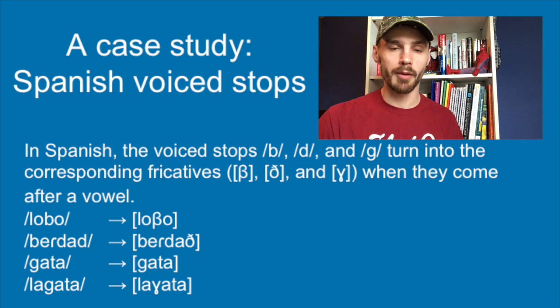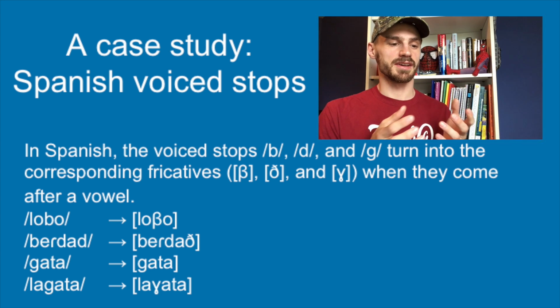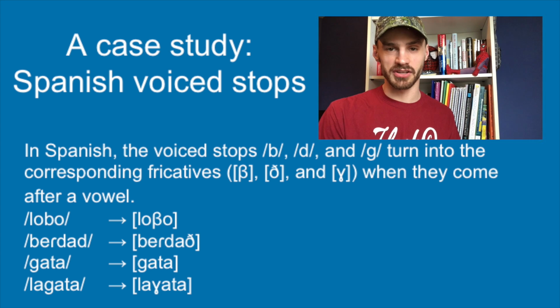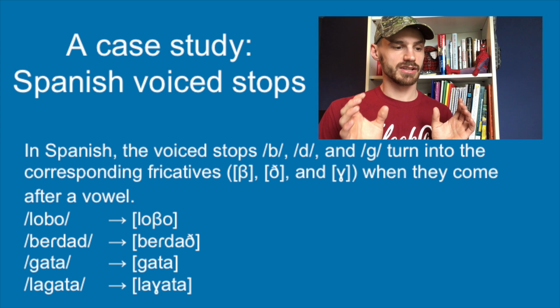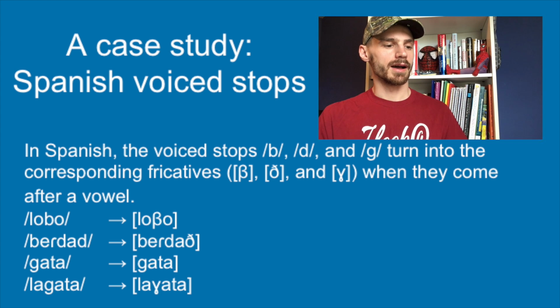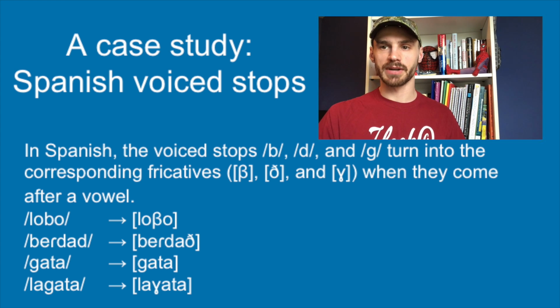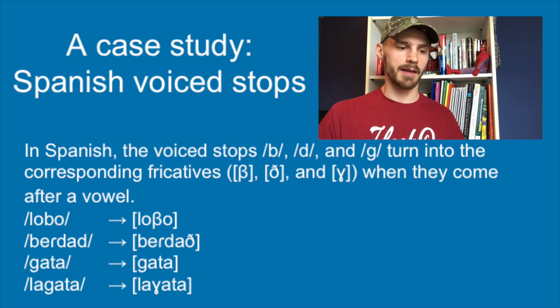So the word lobo in Spanish, because this voiced bilabial stop is located between two vowels, it's not actually pronounced with a stop. It's pronounced with a fricative, and that stop turns into a fricative. The word verdad, it's kind of hard to pronounce that the wrong way.